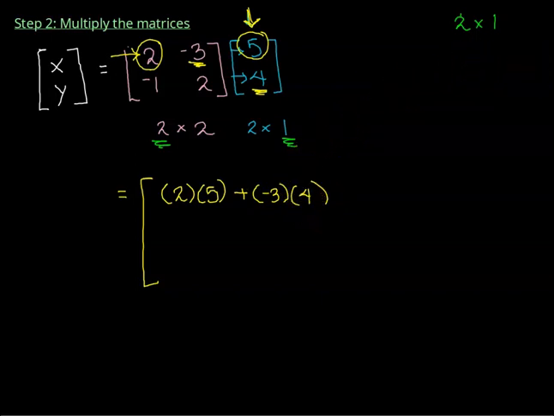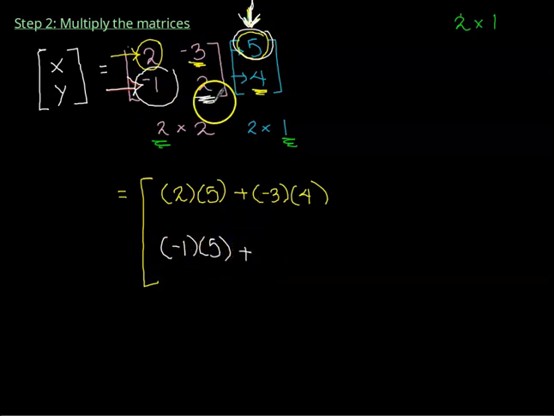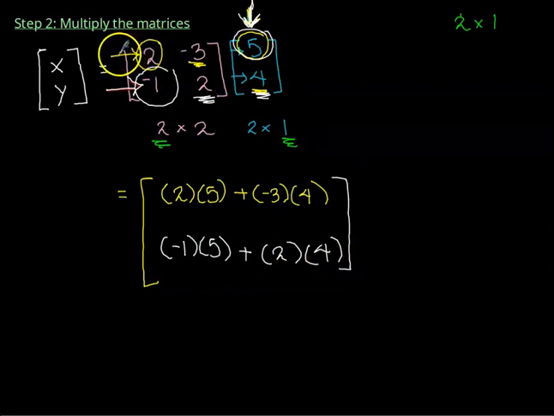Okay, and then from there, I'm going to take the numbers in the second row and multiply them by all the numbers in the only column I have, which is the first column. So I'm going to take negative 1 and multiply it by 5, plus 2 times 4. And that's it. So you're multiplying the numbers in each row by the numbers in each column.